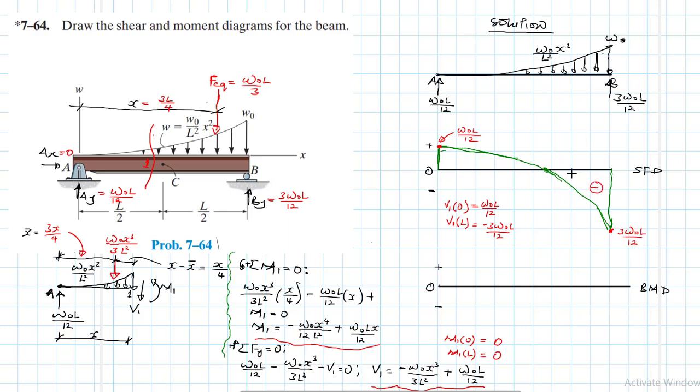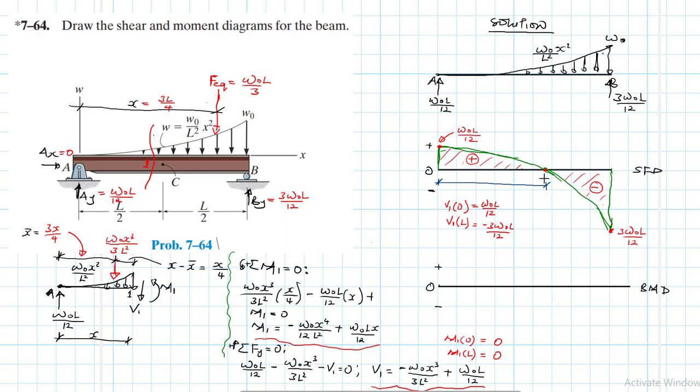This is negative and this is positive. Alright, and then we have this point here. We need to find the length from here to there. This information will be important to calculate the maximum moment.